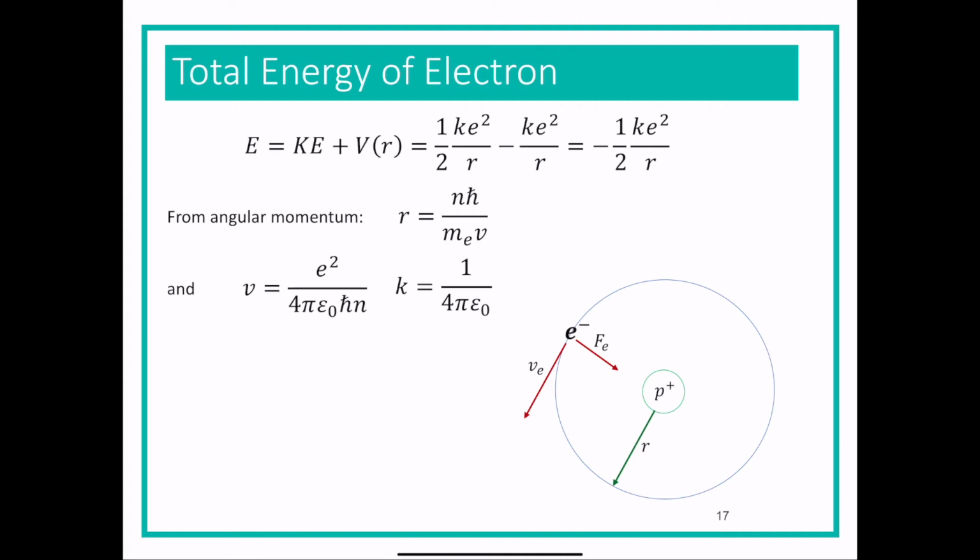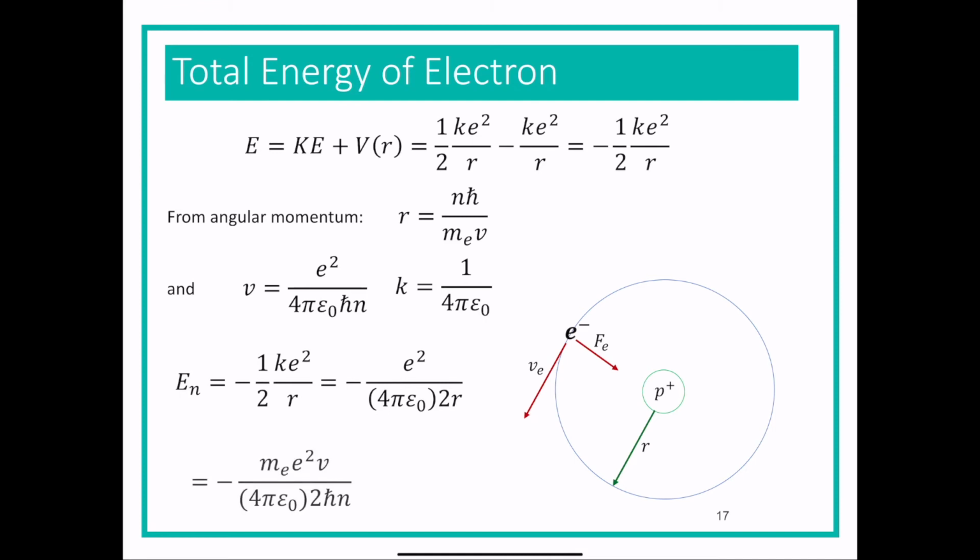If we do that, we do a triple substitution, where we take the minus 1/2 ke squared over r, and first substitute in the k, so we get 4 pi times the permittivity in the denominator. Then we substitute the r, putting nh on the bottom and m e v on the top, and then we replace the v.